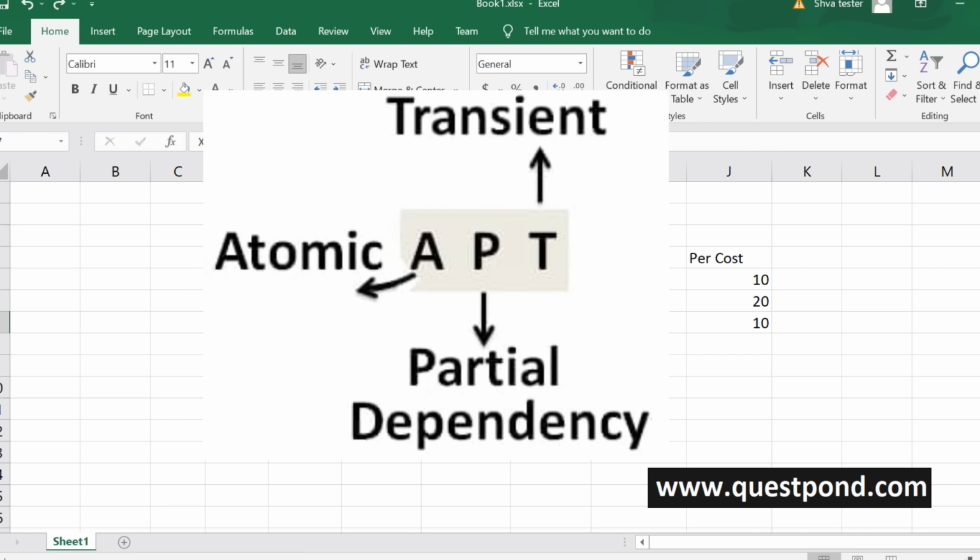There is no shame or low thinking in revising something. So use good technical vocabulary like atomic, transient, partial dependencies, anomalies, to answer this question. So again, I repeat the answer: atomic, partial dependency and transient.